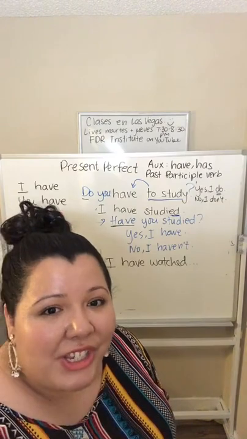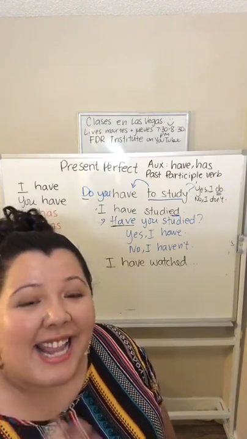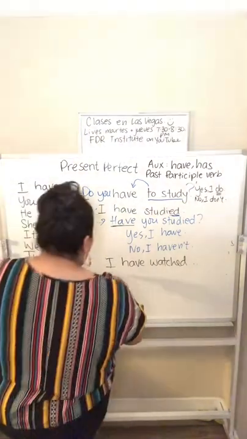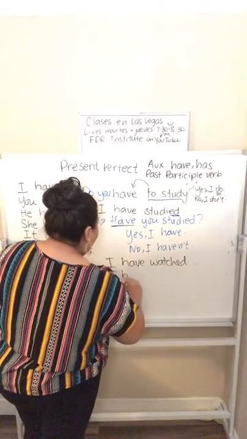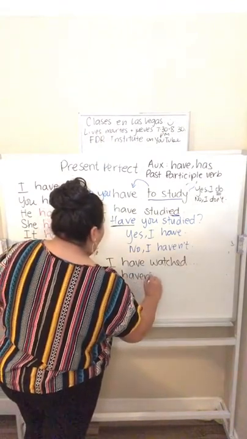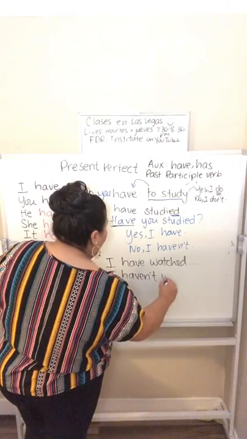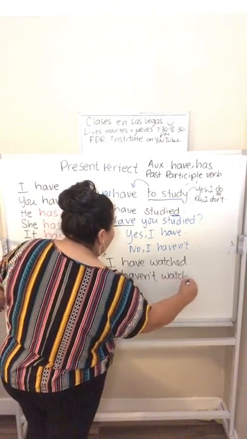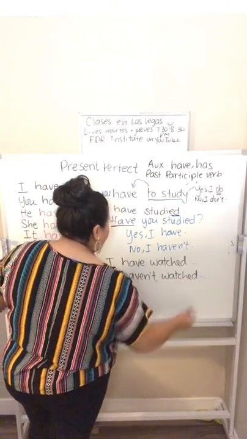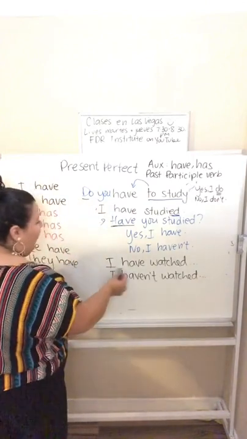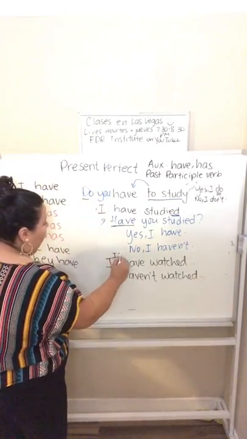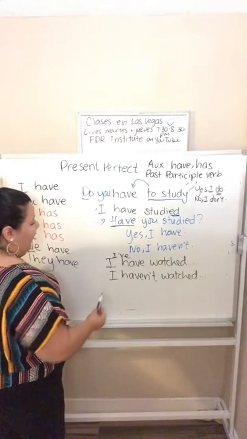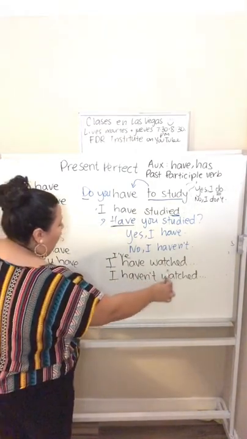Y si es negativo, I haven't. I haven't watched Stranger Things Season 4 yet. Todavía no lo he visto. No he visto. So, he visto, I have watched. O con contracción, I've watched. En lo negativo, I haven't watched.